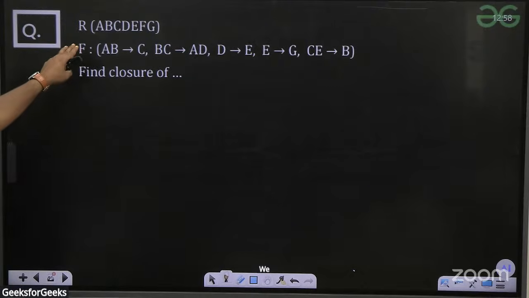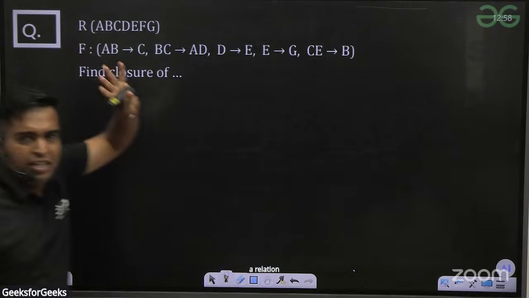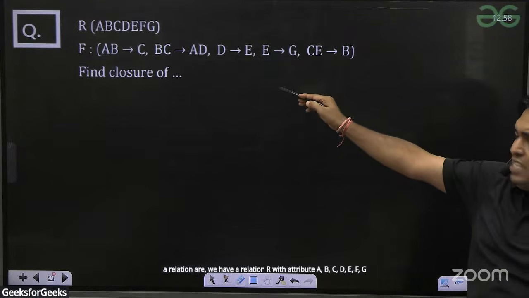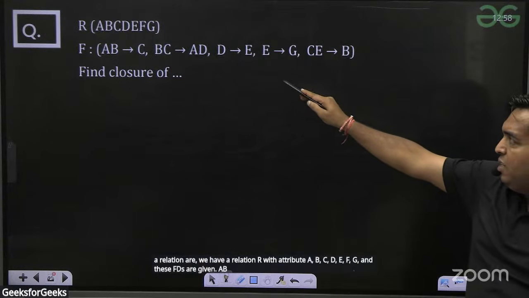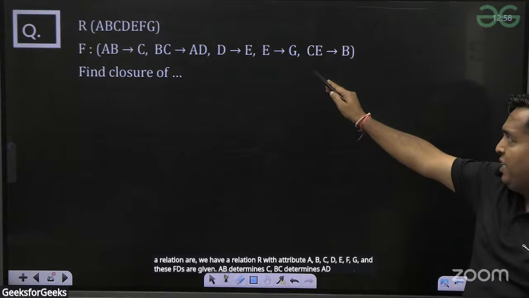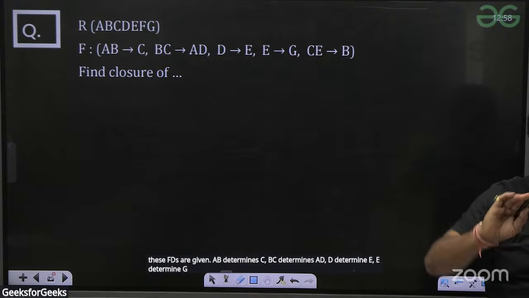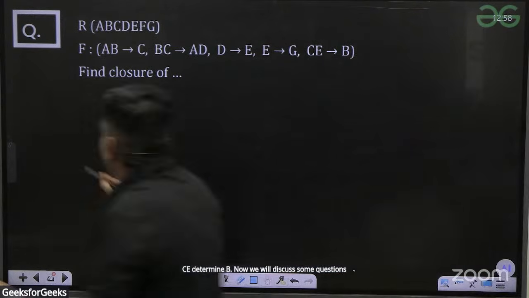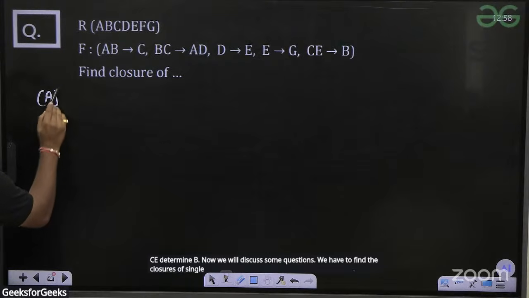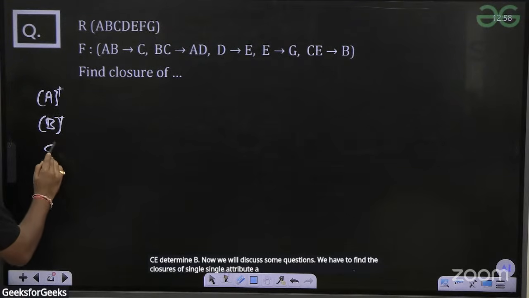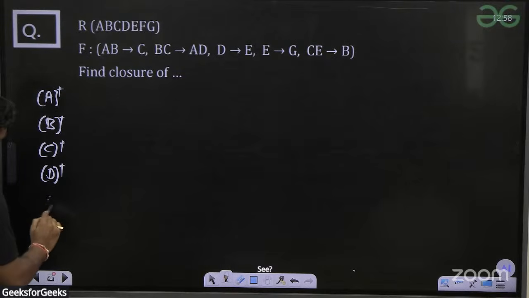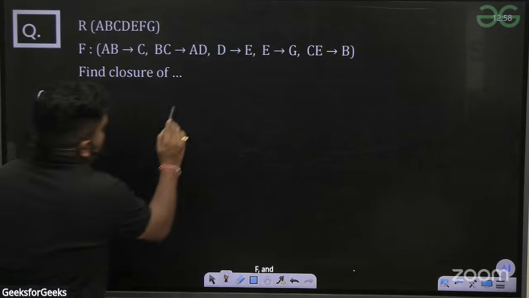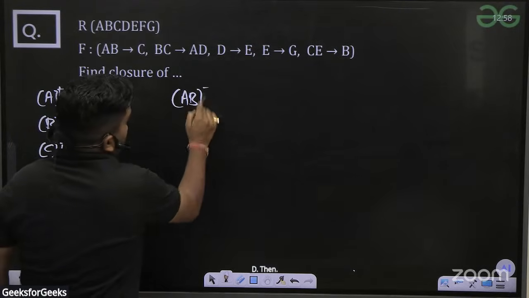We have a relation R with attributes A, B, C, D, E, F, G. And these FDs are given: AB determines C, BC determines AD, D determines E, E determines G, CE determines B. Now we have to find the closures of single attributes A, B, C, D, E, F and G. Then AB closure.